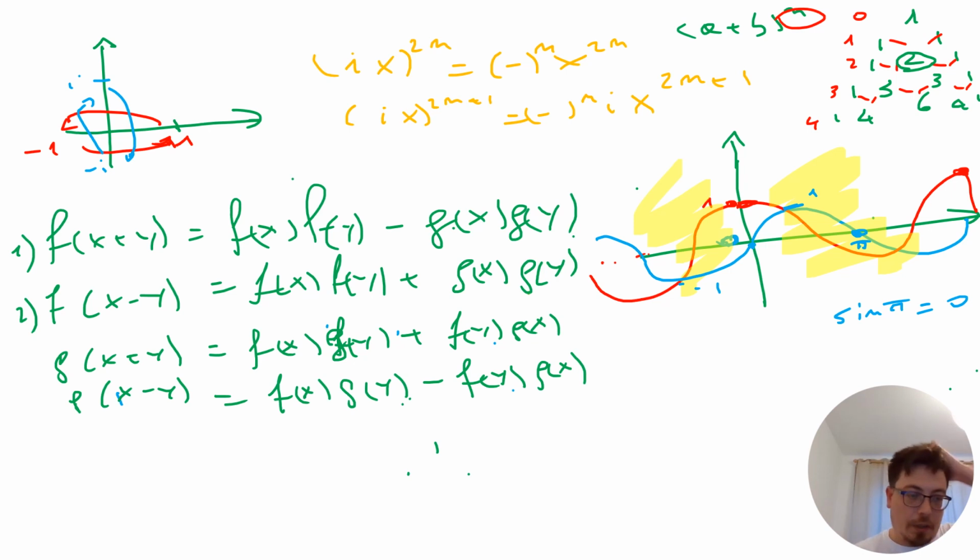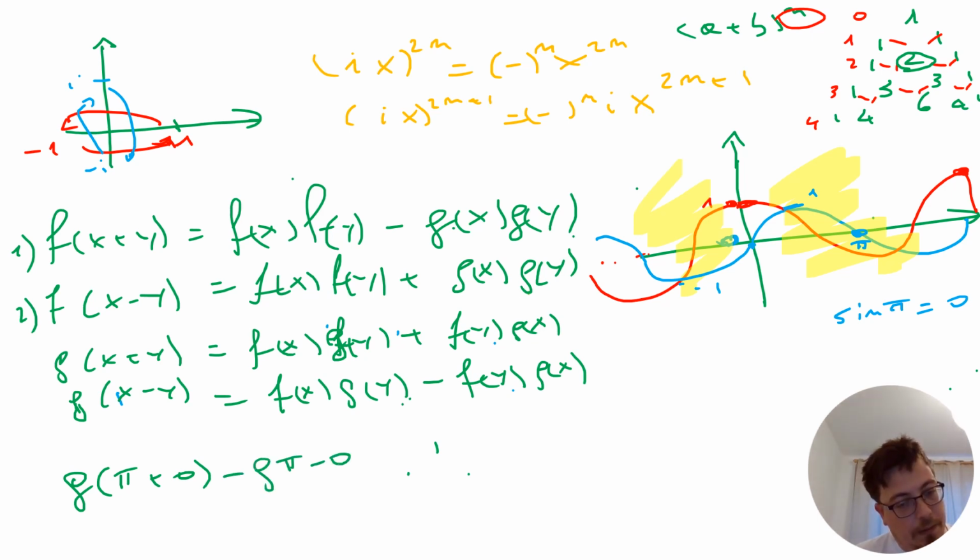And the roles are changed, so we now do, let's see what we get with g of pi plus 0 minus g of pi minus 0. Okay, here we get minus 2 times f of pi, sorry, g of pi.